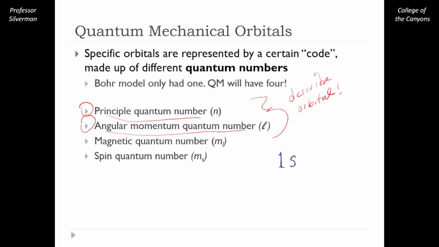If you're trying to codify what orbital you're talking about, the first number that we see is going to be the principal quantum number, and the letter that we see after it is going to be a letter symbol that corresponds to the angular momentum of that orbital. Without further ado, let's unveil what some of these orbitals actually look like.